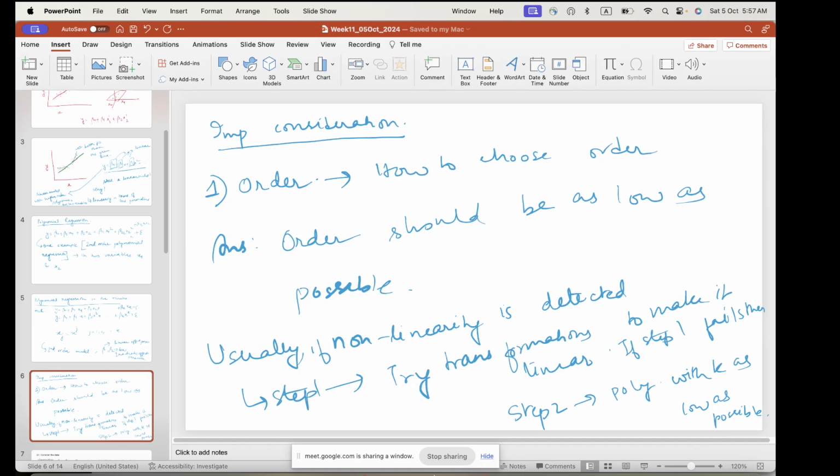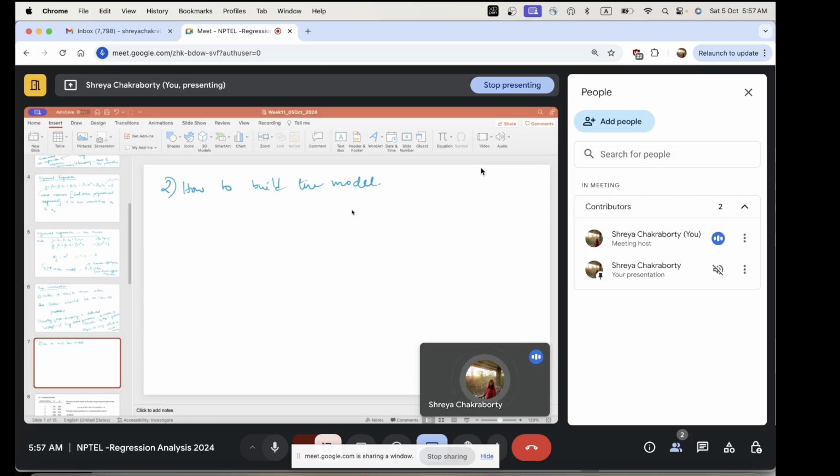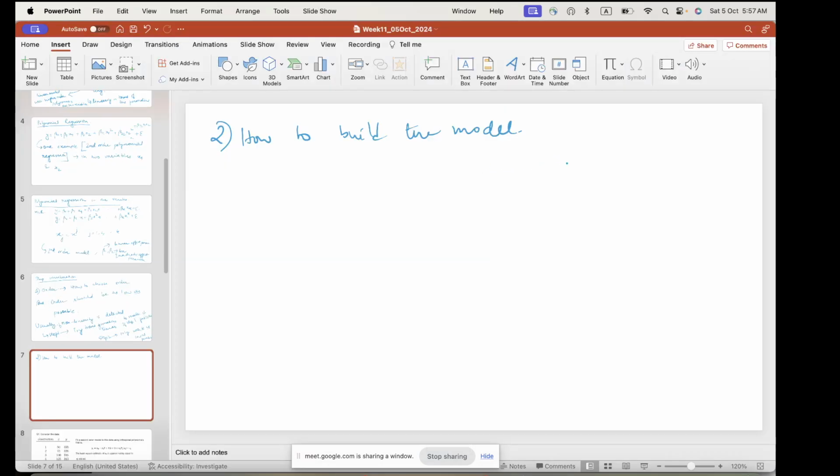Okay, fine. So once we have the order in place, the next thing is how to build the model. So we have decided that the order is, let's say, already decided that k ideally should be less than or equal to 2. Now the next question is, how do I fit or build the model?